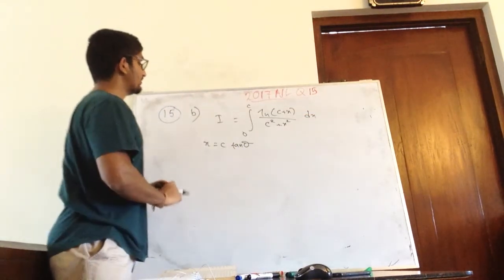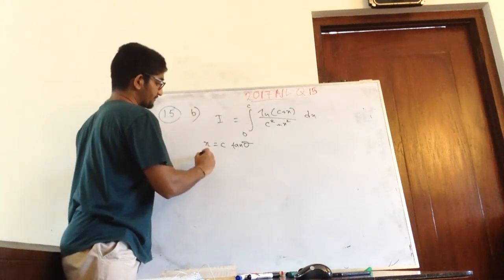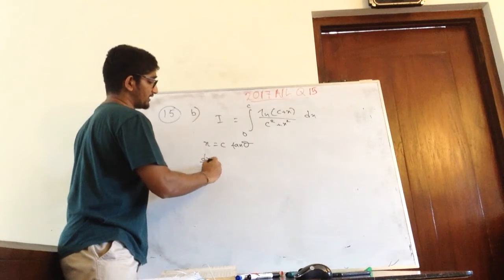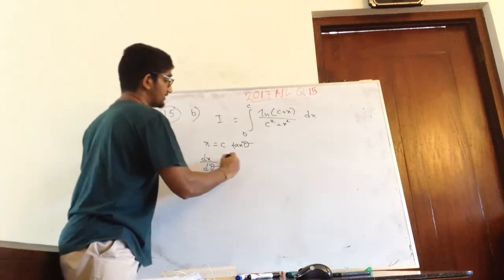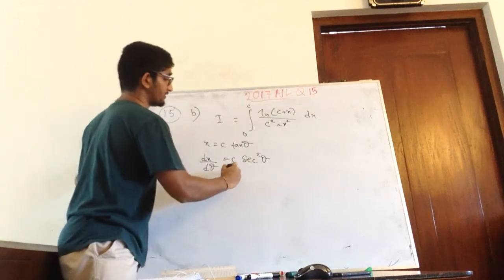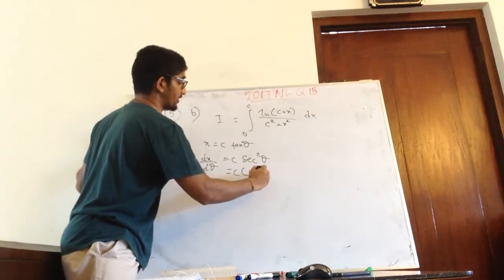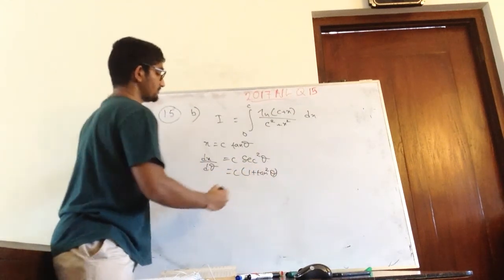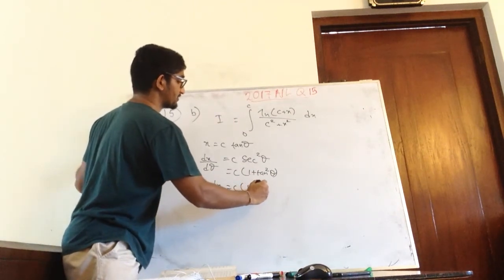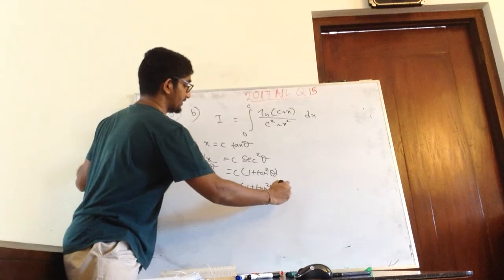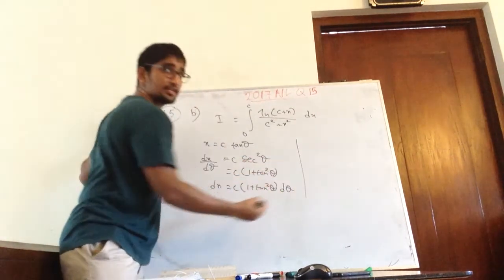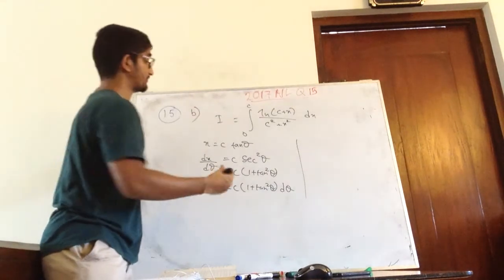So if I differentiate dx over d theta, C is a constant, you get C sec square theta, that is C times (1 plus tan square theta). So that means dx is equal to C (1 plus tan square theta) d theta. So this is one of the things I want to do. Then I need to get the limits.